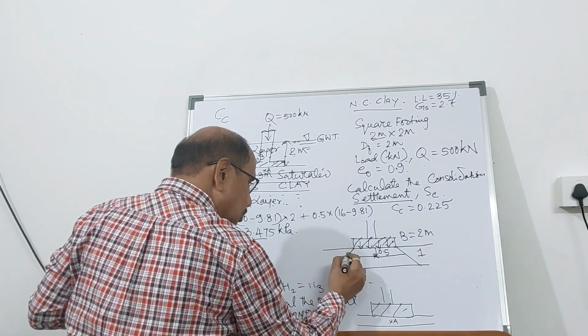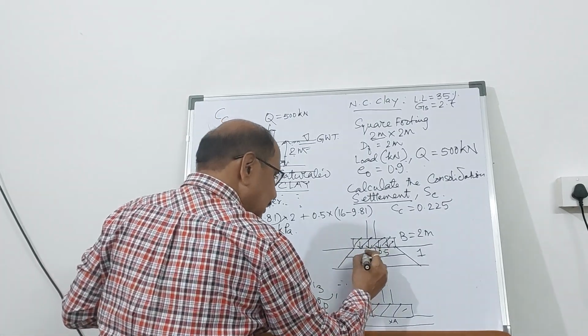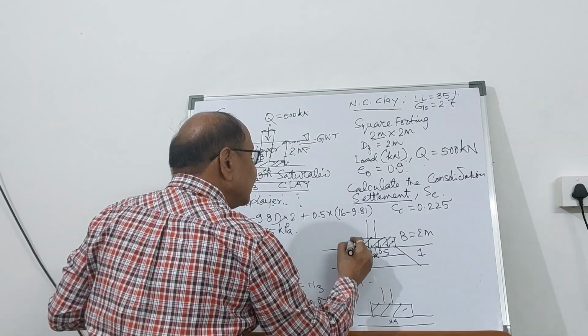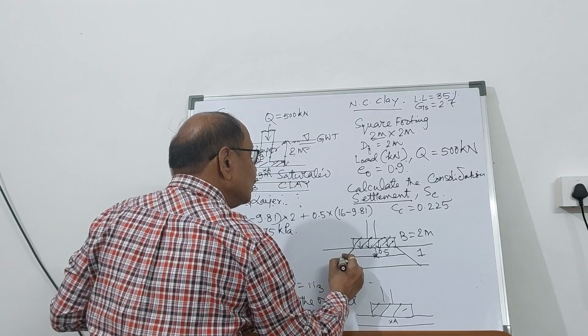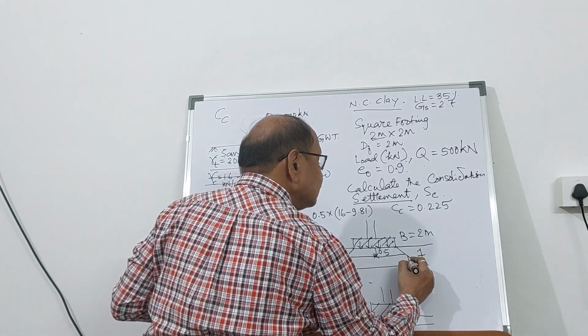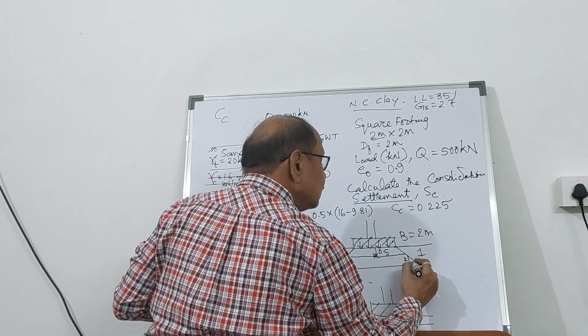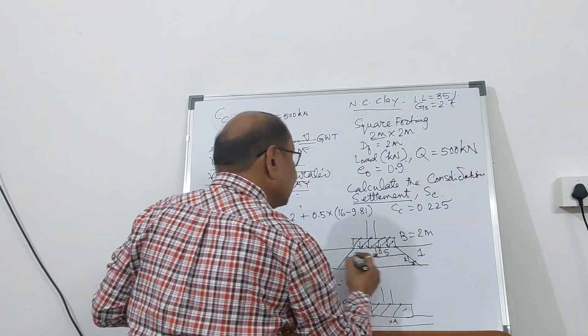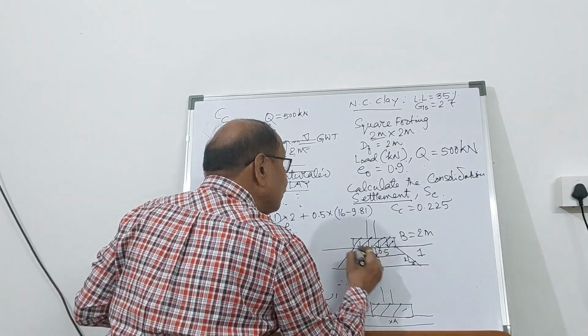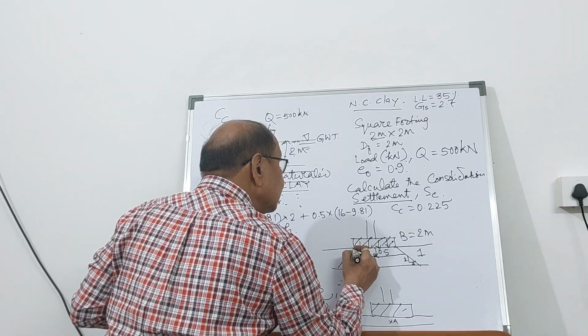Now it is going to spread at 2 vertical and 1 horizontal. So the slope of this is 2 vertical, 1 horizontal. So here at the midpoint, this is going to be 0.5 meter.